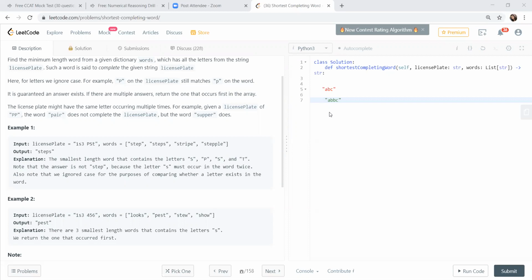Correct? Yes. And then we do the similar comparison for all the 26 characters. If it holds true for all the 26 characters, that means in any word we are getting all the letters which are in the license plate with a count greater than or equal to that in the license plate, and we are good.